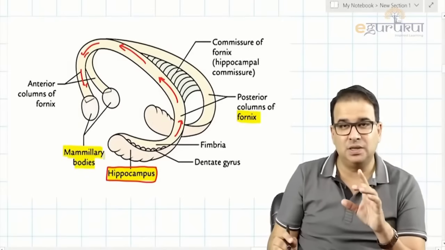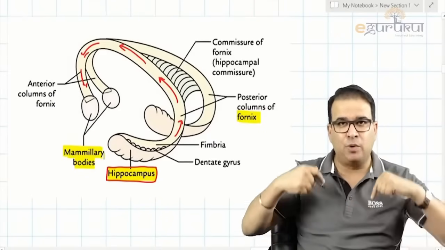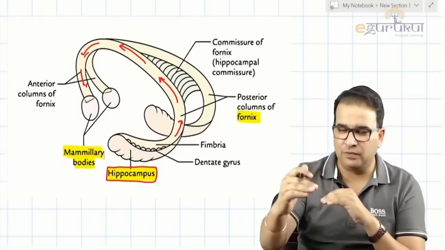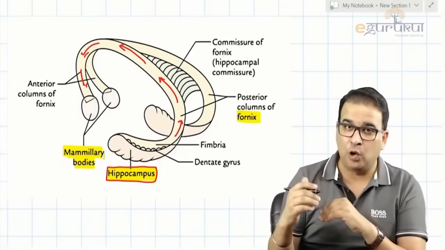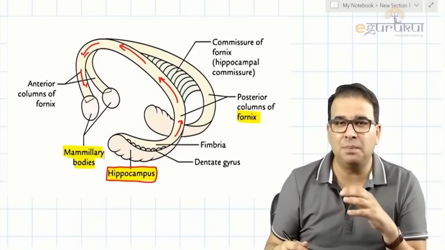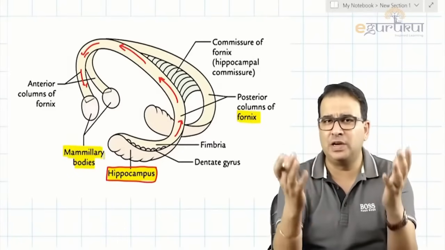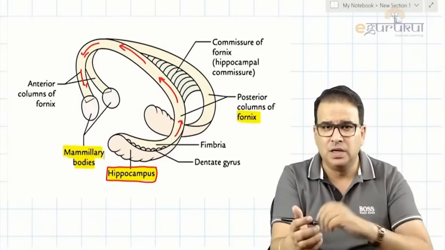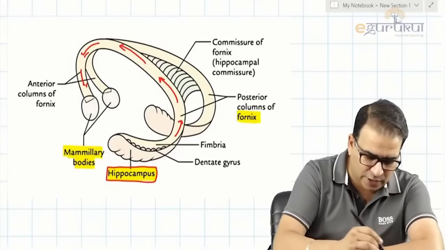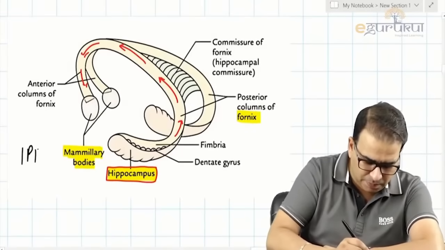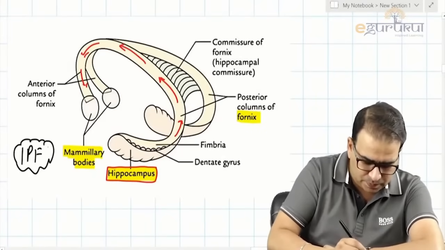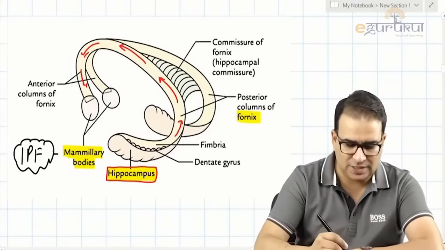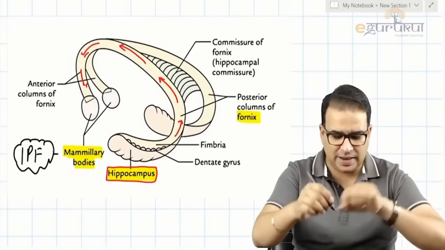Remember that? That's one question here. Fornix fibers start in the hippocampus and end in the mammillary body. The same mammillary body which we saw forming the floor of the third ventricle, and which is also one of the contents of the interpeduncular fossa. You know the contents of the interpeduncular fossa: infundibulum, mammillary body, third nerve. And both these fornices, as I said, come very, very close to each other and then again separate.